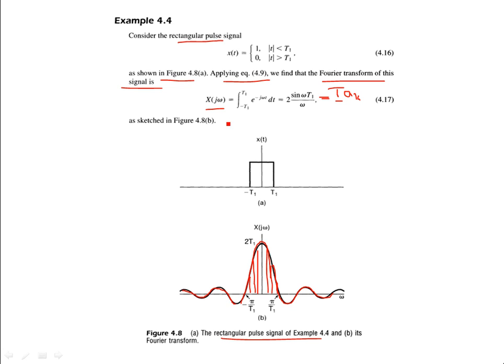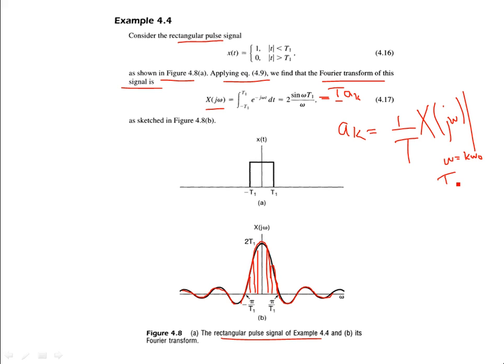How can you express a_k? If you want to write the Fourier series coefficients for that, this is 1 over T times X of j omega, where omega is k omega naught, with T being infinitely large.